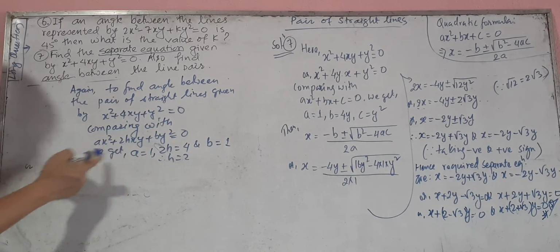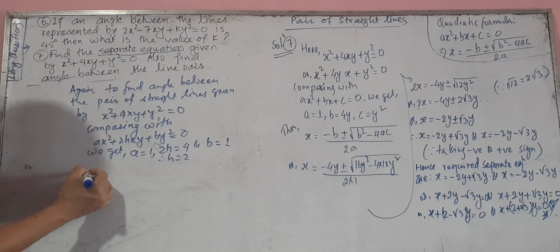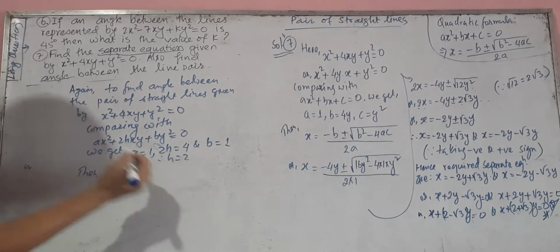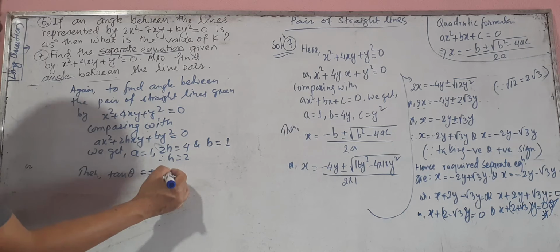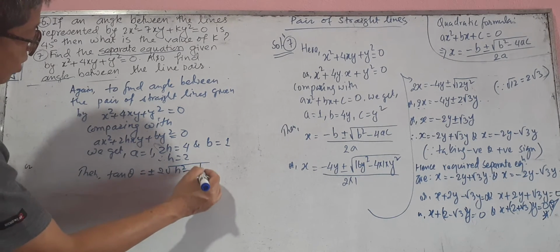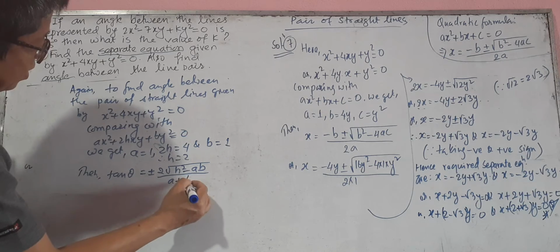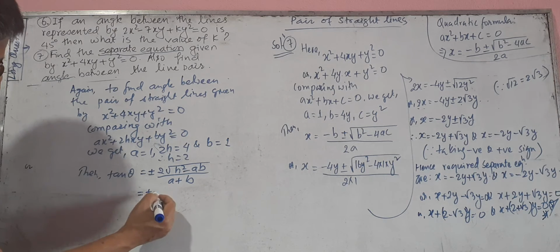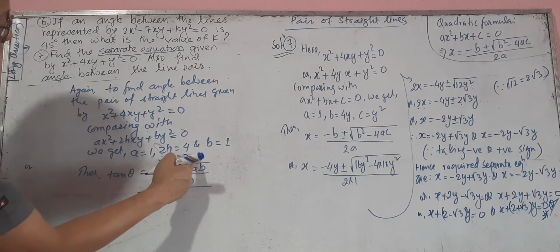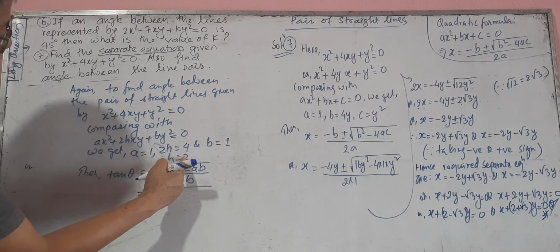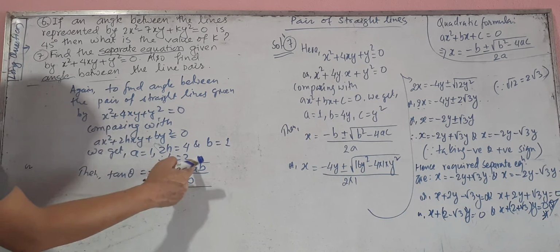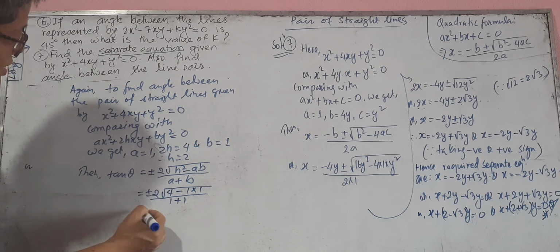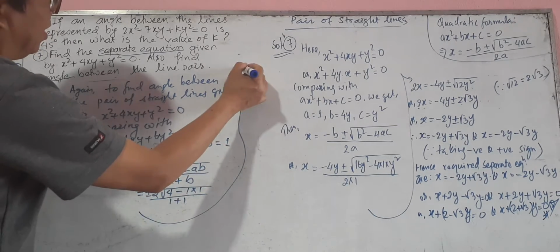Then tan theta equals 2 root of h square minus ab, divided by a plus b. Putting in the values, h square is the square of 2, that is 4, minus ab, where a is 1 and b is 1, divided by a plus b, that is 1 plus 1.